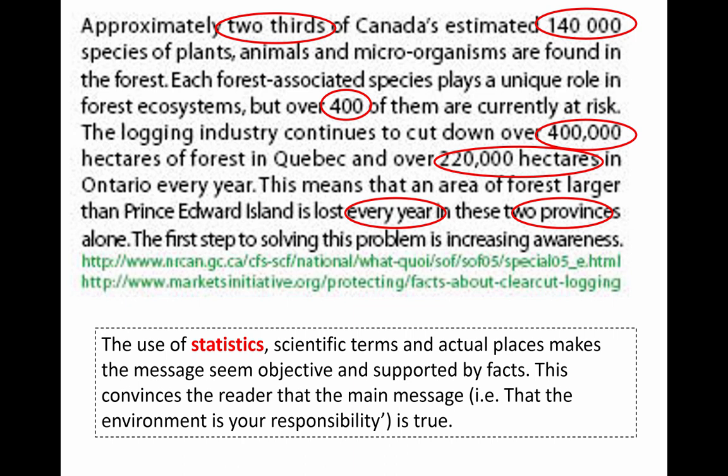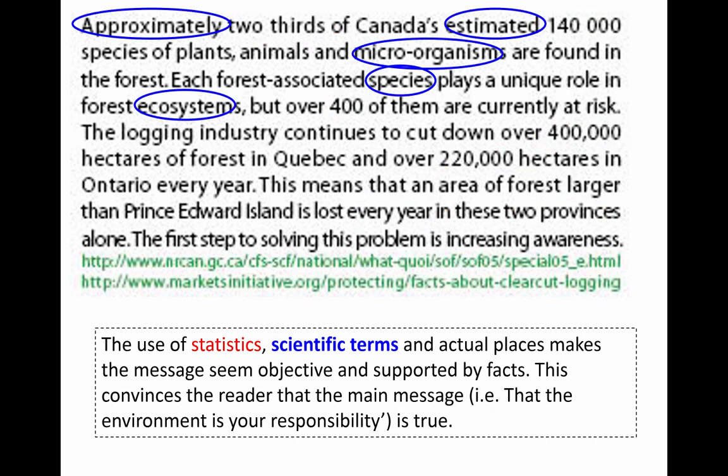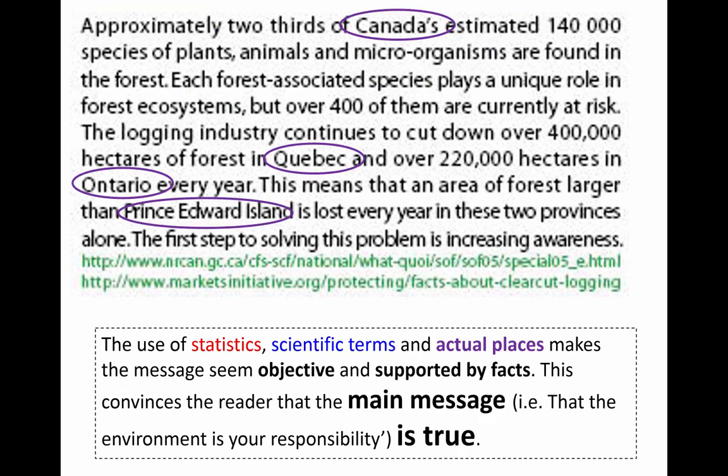Okay, finally we look at the text, the message in the visual text. So we look at how there is a lot of use of statistics, you know, words like 2/3, 140,000, 400, 220,000 hectares, and so on. Scientific words like approximately, estimated, microorganisms, species, ecosystems, as well as the naming of actual places like Canada, Quebec, Ontario, and so on.